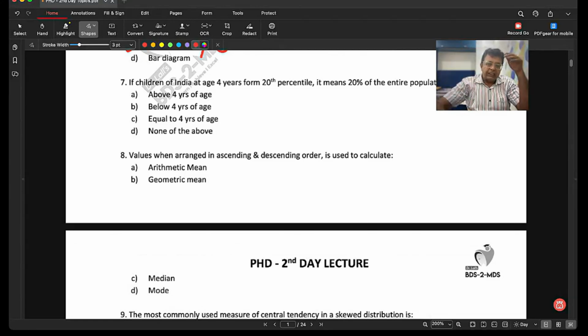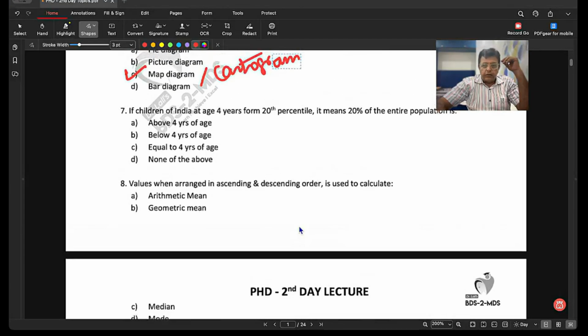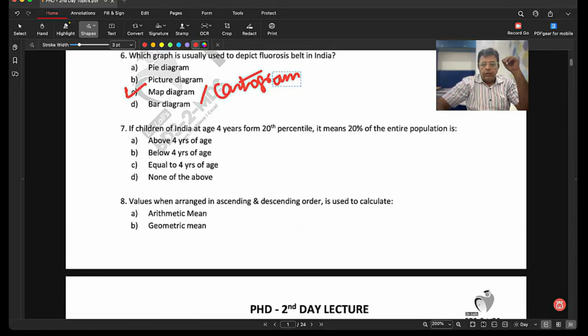Now question number 7. If children, I think my photo is blocking it, I will just come and make it easier for you. If children of India at 4 years form 20th percentile, it means 20% of the entire population is above, below, or equal to 4 years.